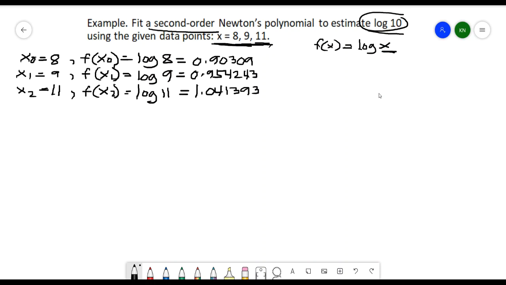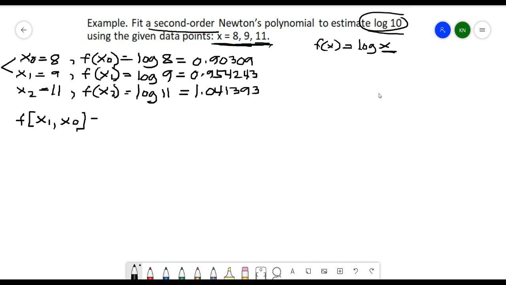So these are now the values that we'll be using later on for the substitution into the formulas that we have discussed earlier. After we get these values, the first thing that we need to do is evaluate the first divided difference. In order to get it, we need to use these two values, f of x sub 1 and f of x sub 0.